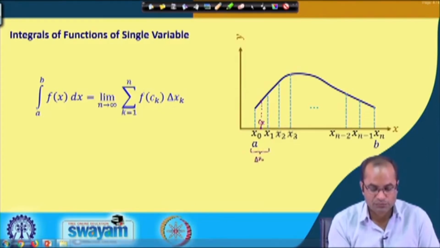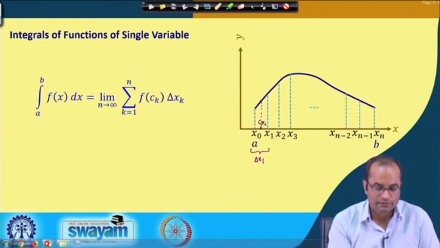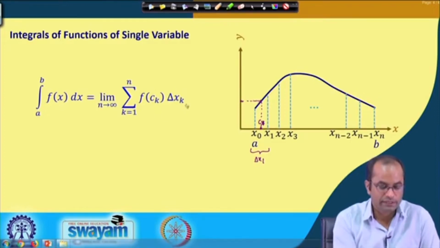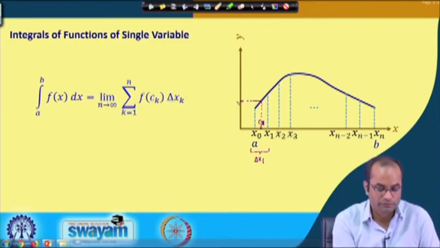So, this is delta x 1 in our notation, and this is c 1 because this is the first interval, and this will be f c 1, and we are now summing this product.